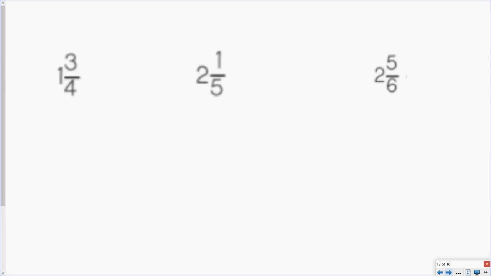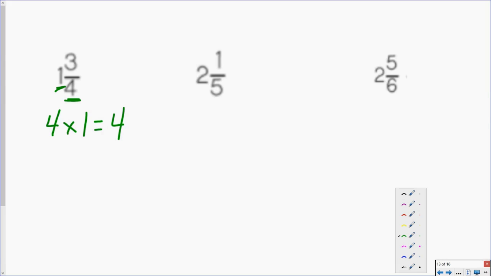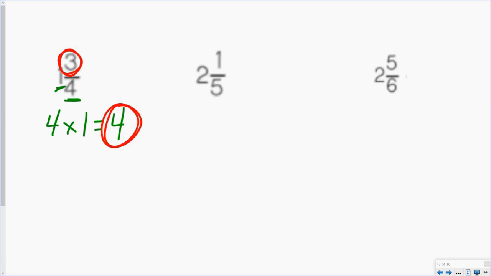Let's take a look at these and do the same thing that we just did. So I'm going to take my 4, my denominator here, and multiply it by the whole number. So 4 times 1 is going to give me 4. And then I am going to add that 4 that I just got from my answer to this 3 right here.